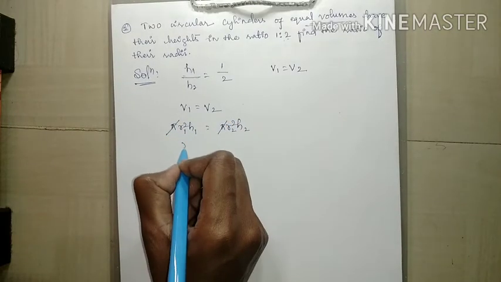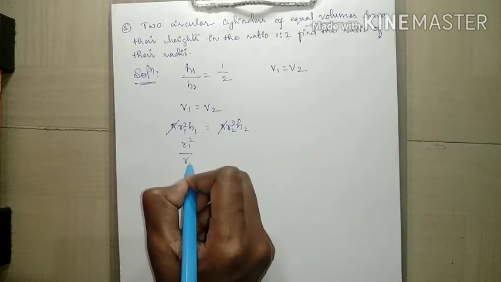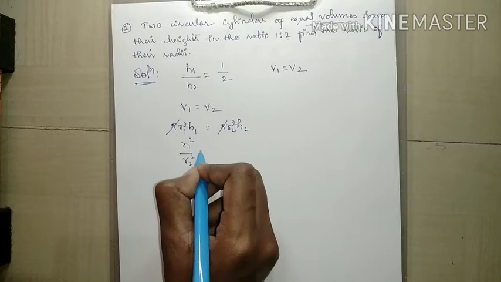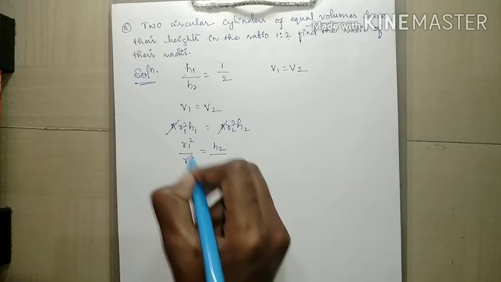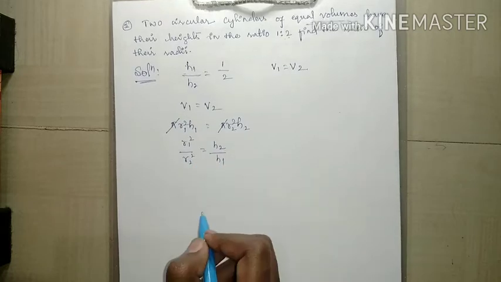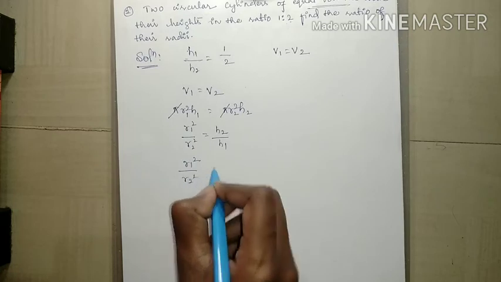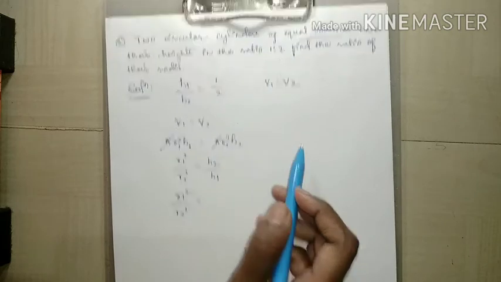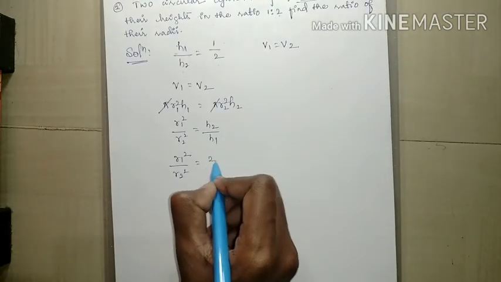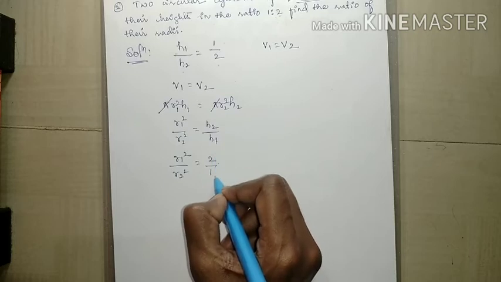R1 square by R2 square equal to H2 divided by H1. So here H2 is 2 and H1 is 1, so I'll write 2 by 1.